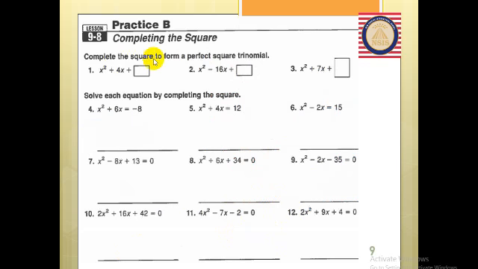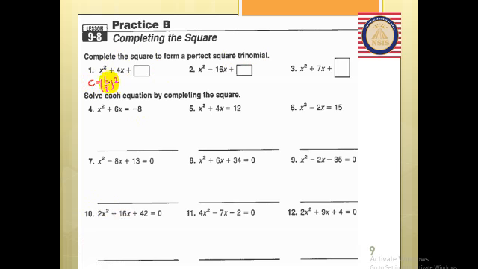Here, complete the square to form a perfect square trinomial. How to do it? It's an easy one. Do you remember? I'm going to take the b, half it, and square it. So c equals b over 2 squared.